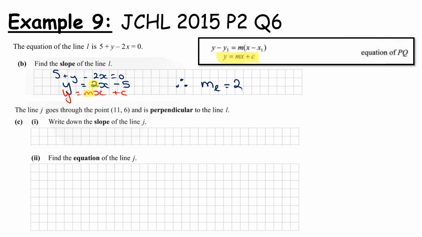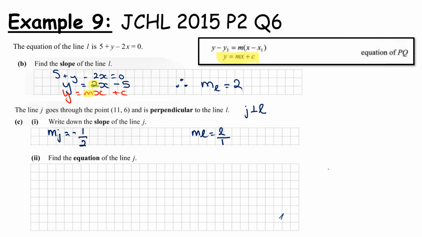So now the line J goes through the point (11, 6) and is perpendicular to L. So therefore the slope of J is going to be the opposite reciprocal. So the slope of L is 2, and that can be written as 2 over 1. So we flip it and we change the sign.